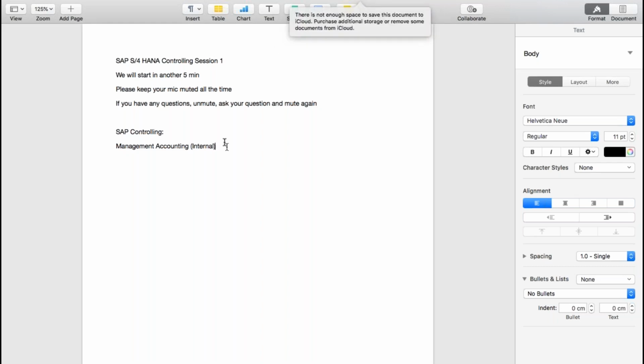Now, just consider the example. You have a company. Let's take the example of a manufacturing company. Let's say our client is a manufacturing company and they are implementing SAP. Being a manufacturing company, there are some legal requirements.